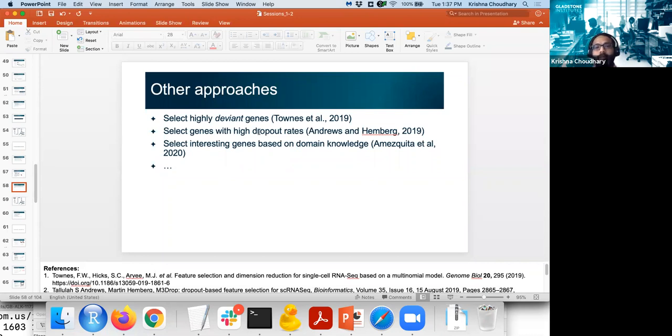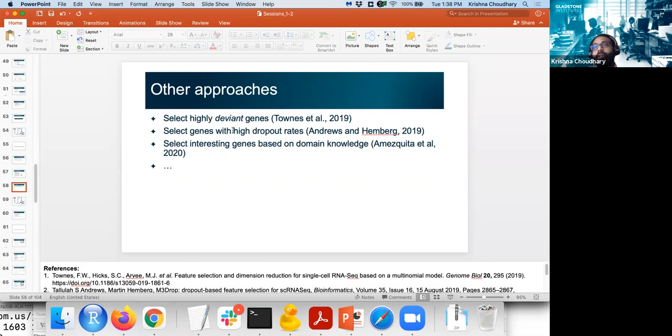Another way to select features is based on the dropout rate of a gene. We discussed that each gene will have zero observed value in some cells. So some authors have also discussed selecting genes based on what fraction of cells have no counts associated with them.